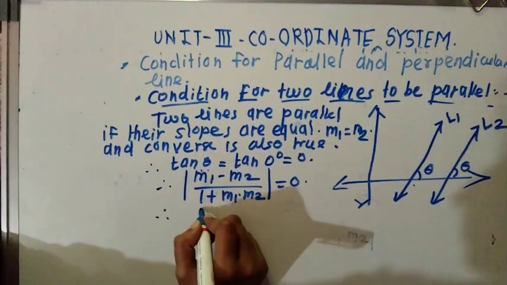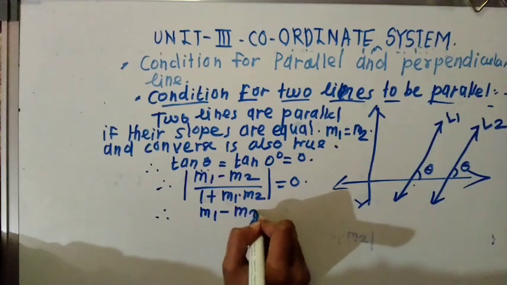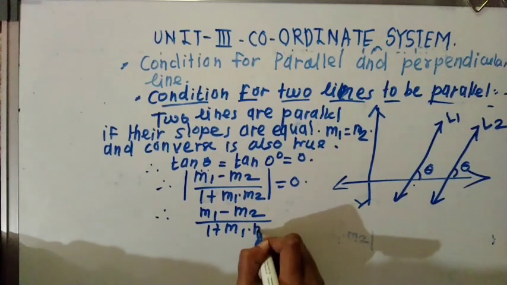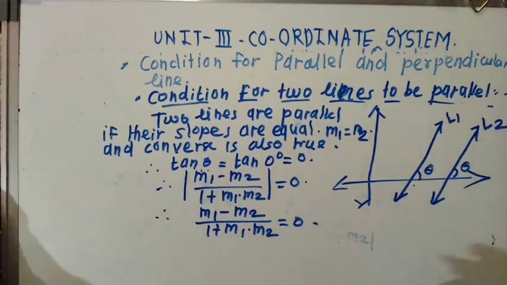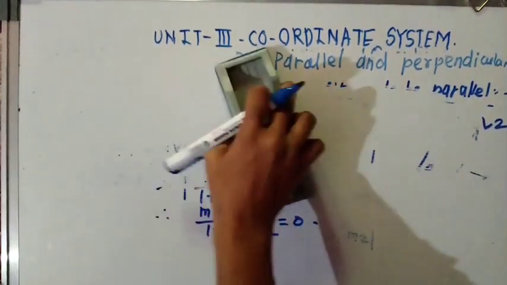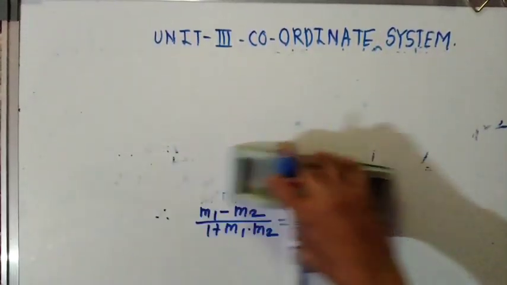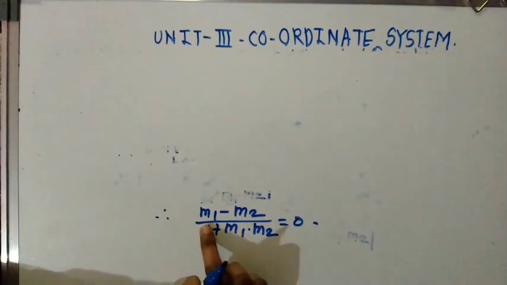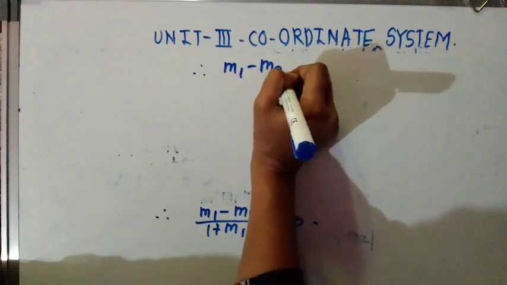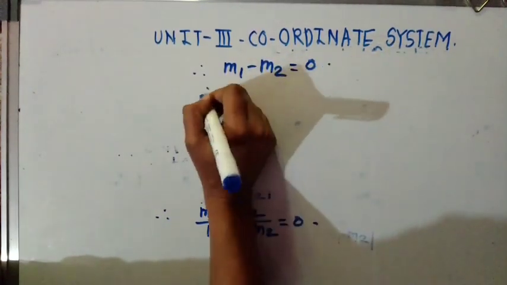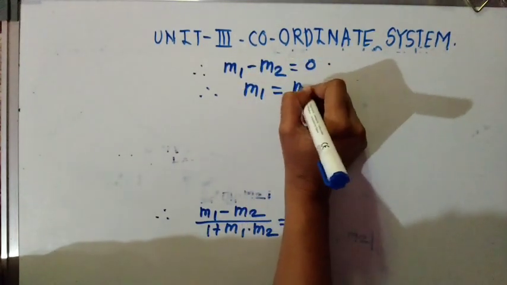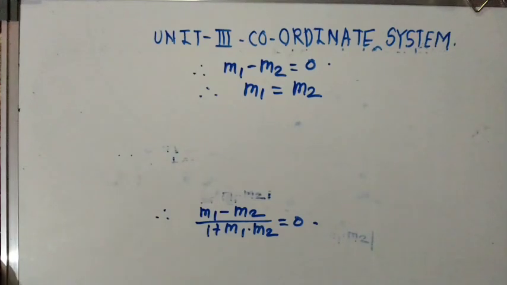Then the modulus sign cancels, and we get m1 minus m2 is equal to 0. Hence m1 is equal to m2.